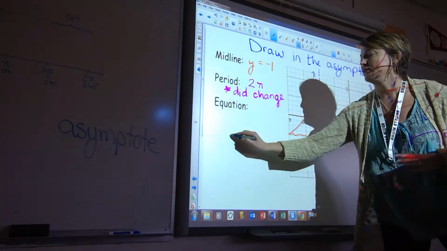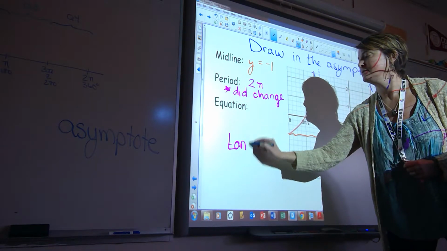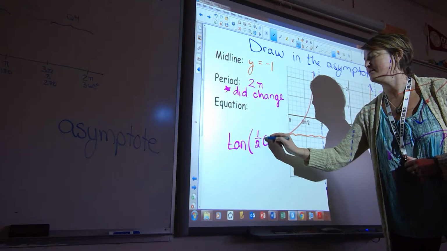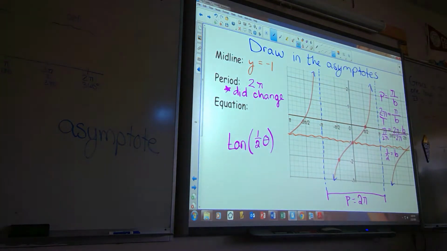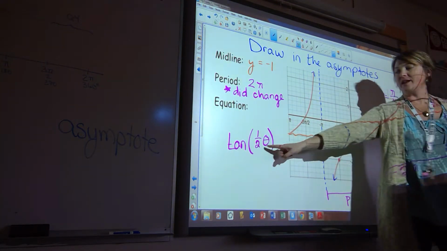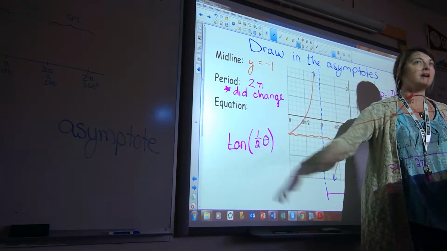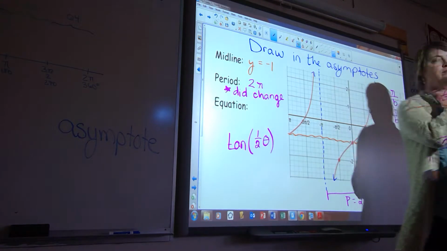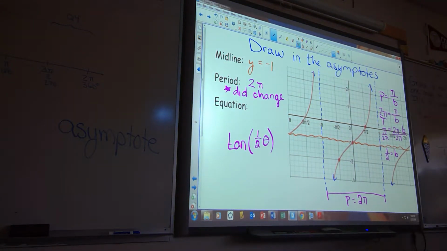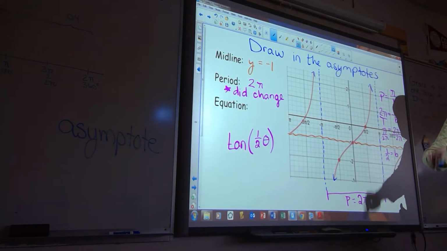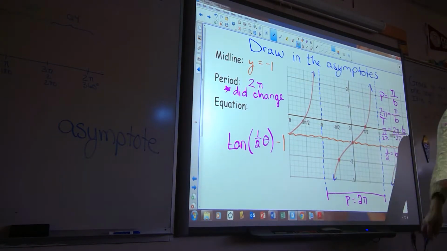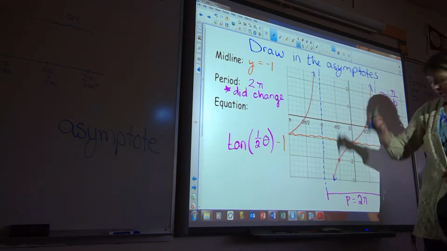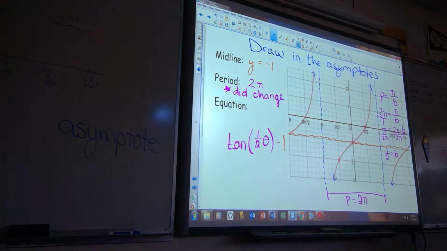So here's what I know so far. Tangent of half of theta. Okay, so look, it changed by a factor of 2, but it's stretched by a factor of 2. So this is always the opposite operation. Yes? Could you write it as theta over 2? Yes, you could. Let's put in the -1 at the end. And then there's one more thing we need to look for, which is the amplitude. Like, did the amplitude get stretched at all?